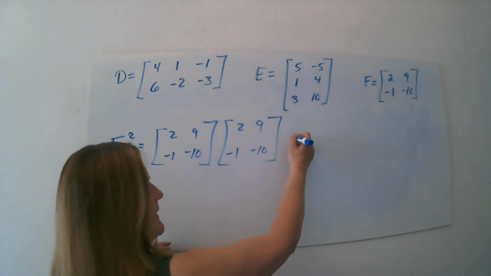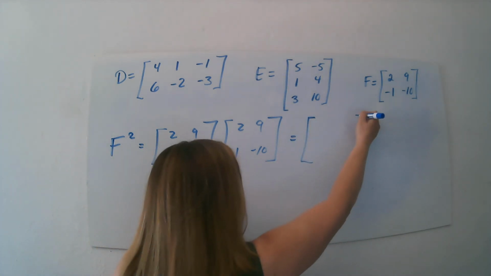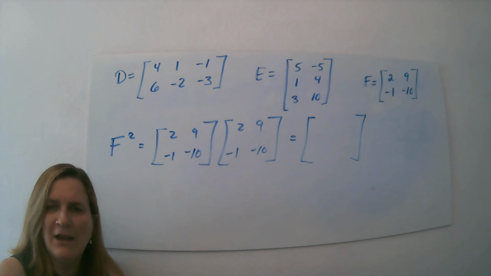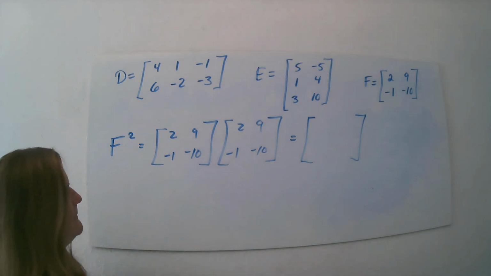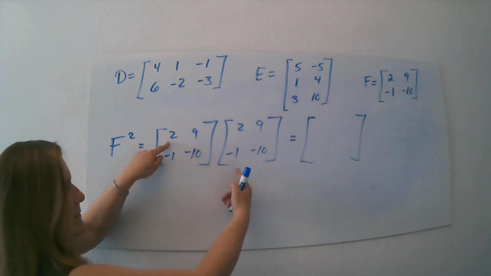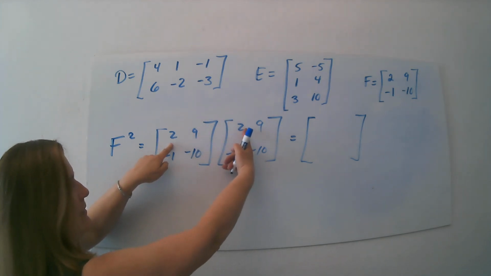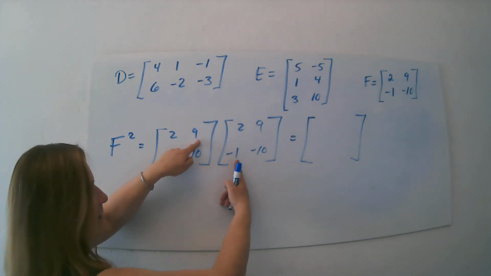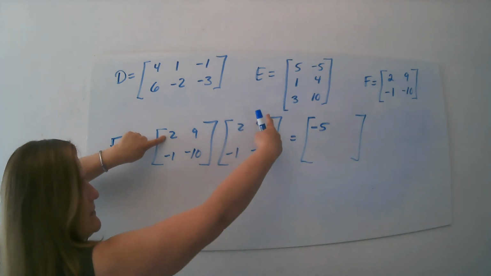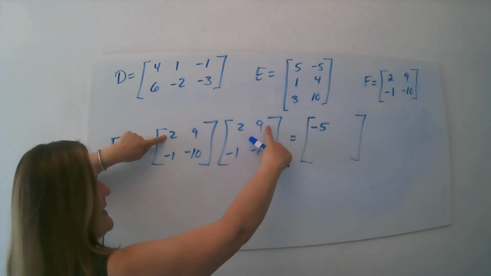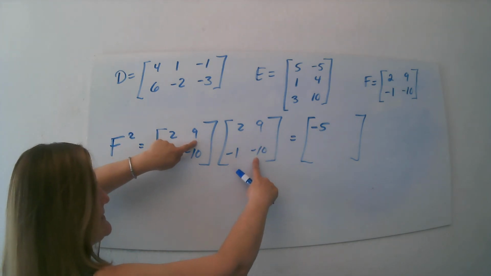So here we go. Let's practice again. And you could pause this video and try it on your own and see if we get the same results. So here we go. Row here, column here. So it's 4 plus negative 9. Row 1, column 2, 18 minus 90.